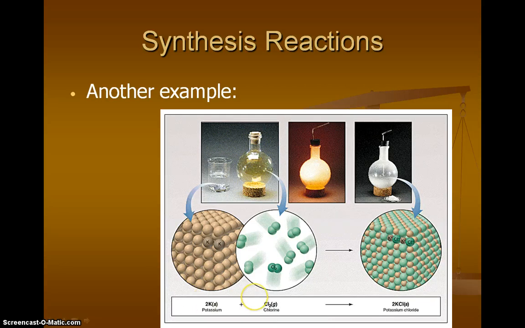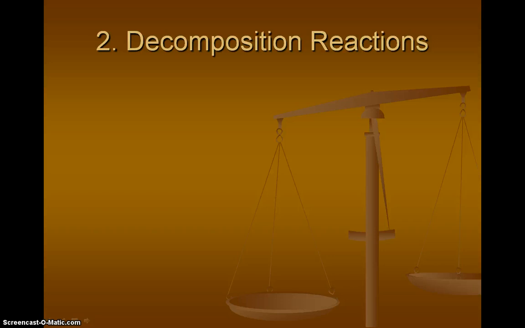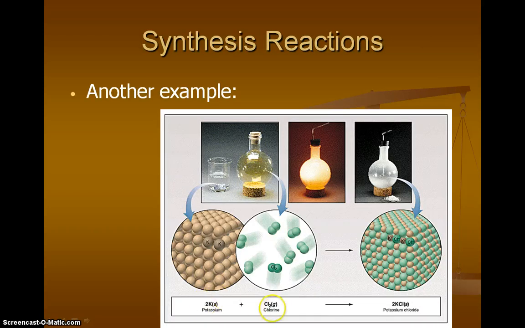Now one other thing I want to point out about the synthesis reaction is notice that we have potassium and chlorine, and we write the correct formulas for those 2 things. But then if you look at the compound here, we know potassium is a +1, chlorine is a -1, so the formula for potassium chloride is KCl.